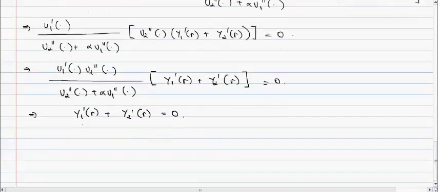So that basically means the child is going to choose an amount of r satisfying this equation in order to maximize the objective function. This is going to be the condition for r, the amount of r that the child is going to pick to maximize the utility.